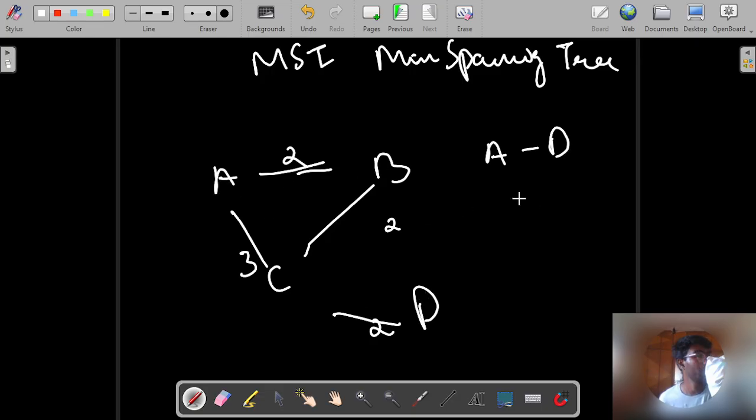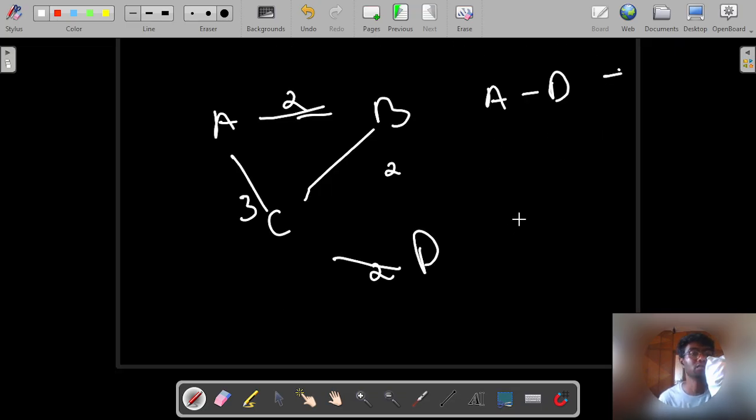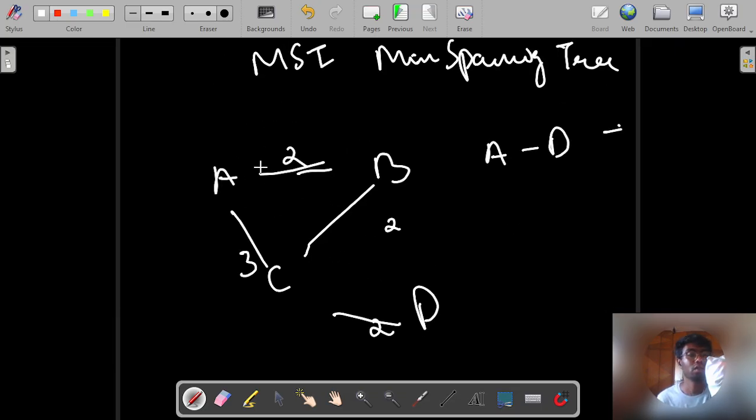In case of MST simply means we are required to establish edges to all vertices with a minimum possible weight of the total edges after picking out the minimum edges that connects between all the vertices.